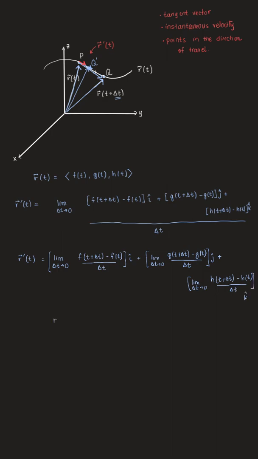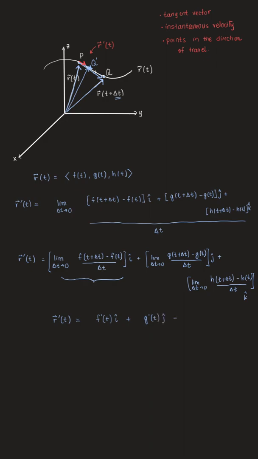Well, what does this give us? This is really nice because you can see that in each component, we're really just evaluating the derivative of a scalar function. So the first component will just be f prime of t, i. Our second component, the derivative of g, so g prime of t, j.